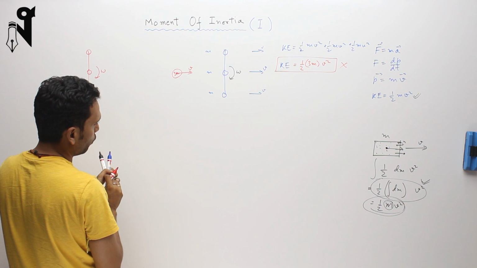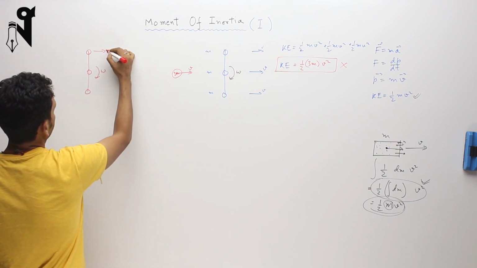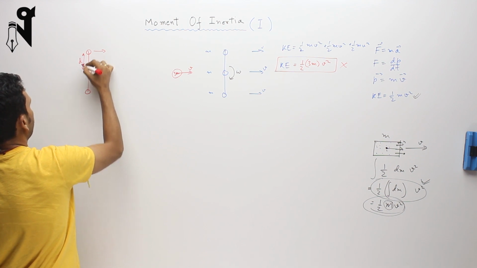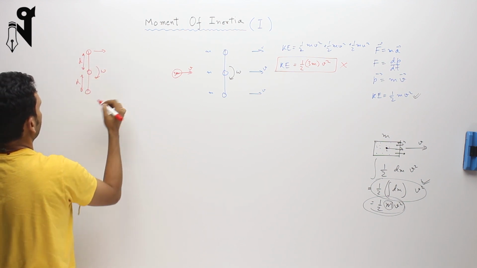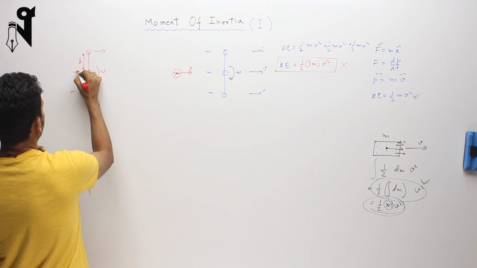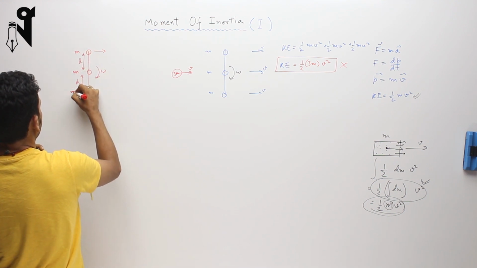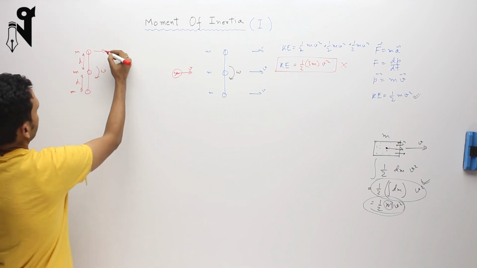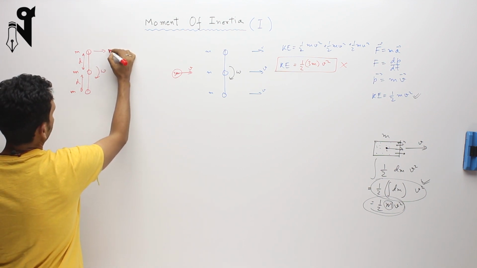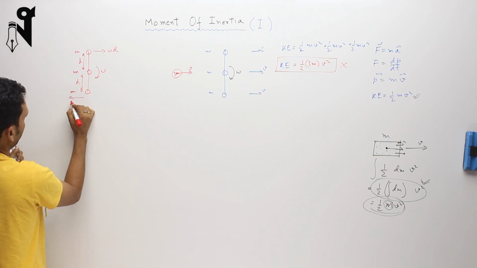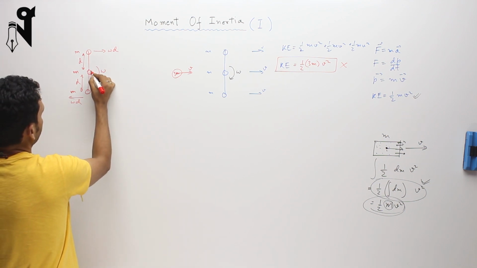Is it zero? No, obviously it is not. The top mass is having some velocity. Say this distance is d. This distance again is d. I'm just keeping the same variables, m, so that the calculations are absolutely simple. So the velocity of the topmost part is omega times d, the velocity of the bottommost part is backwards omega times d, and the velocity of this is 0.